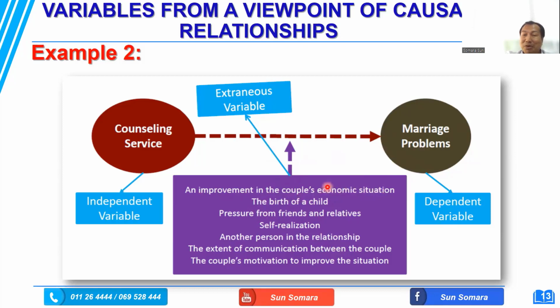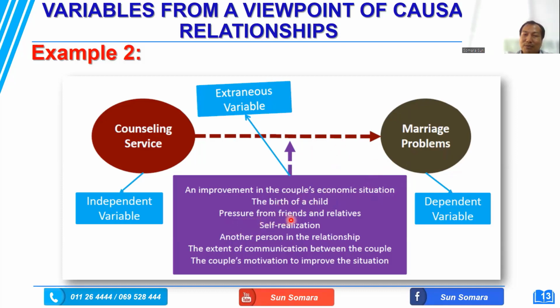Somehow we can say marriage problems arise because they are poor. If they become rich, it might also be a problem. The birth of a child might also be a challenge for their marriage.